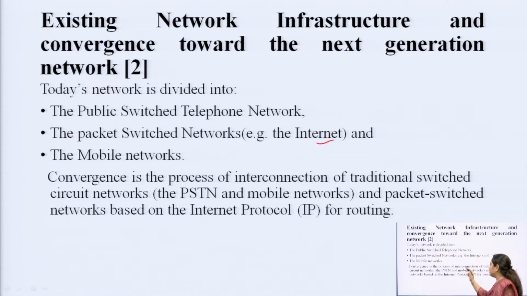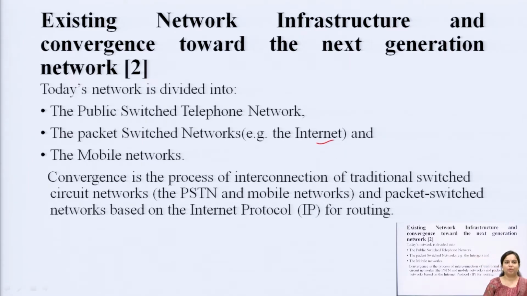So, internet is basically when you want to deliver data, search something on the internet, upload a file, download a file, or send an email. So, that is all related to packet switched form, which means the data is transmitted in the form of packets only. You do not require the data to be transmitted in circuit switched form.